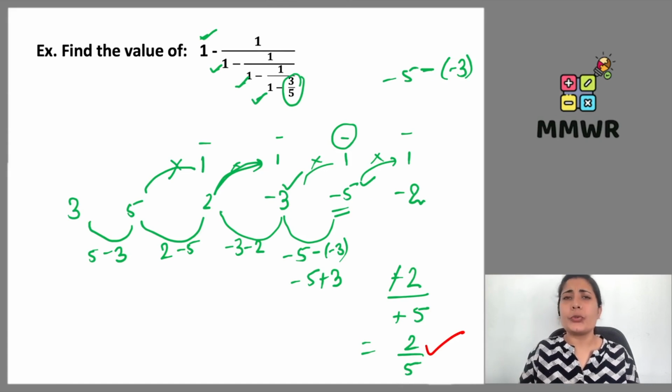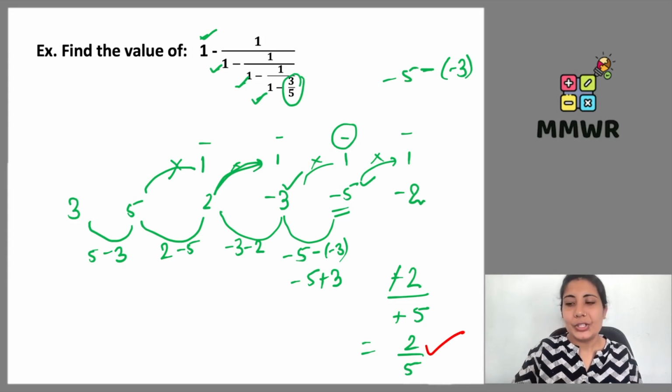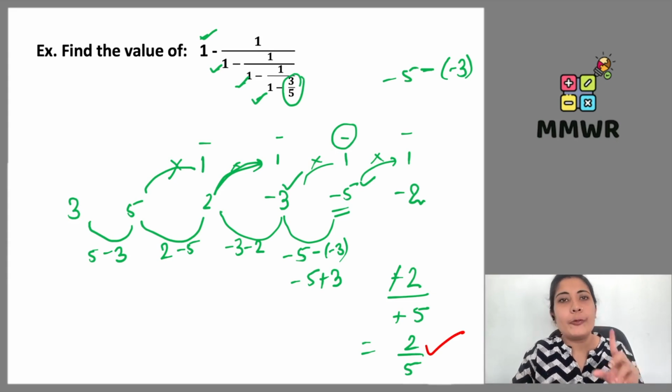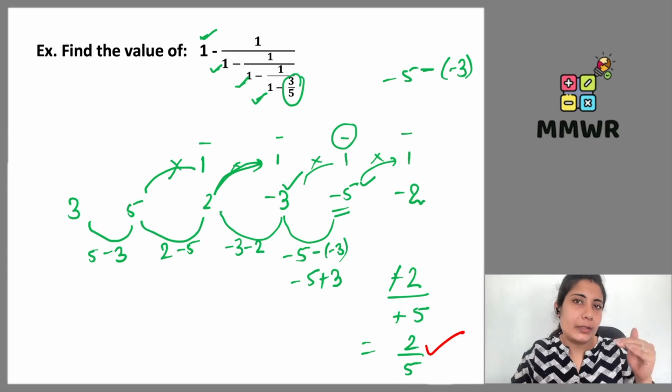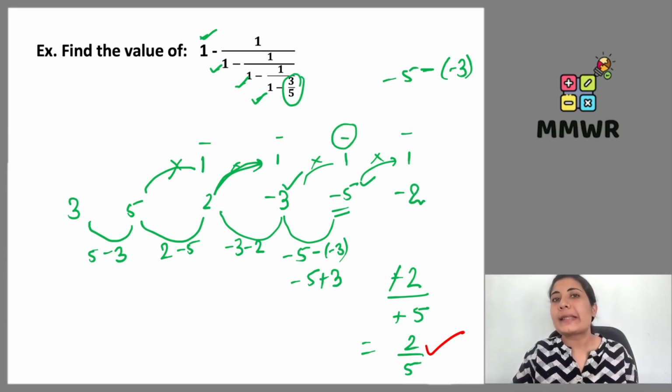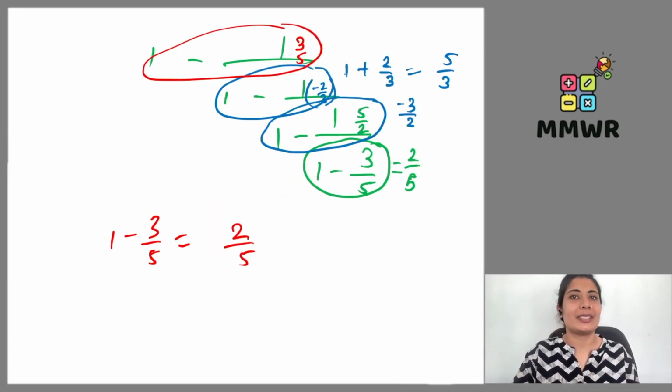So it's so easy. You just have to give it a try with different examples. Do try it. It is such a time saver. Within a fraction of a second, we will be getting the answer, right? So we found the value for this continued fraction where we had multiple steps. Total 4 steps were there, and the minus sign was there everywhere. So we simplified it and got the answer 2 upon 5.